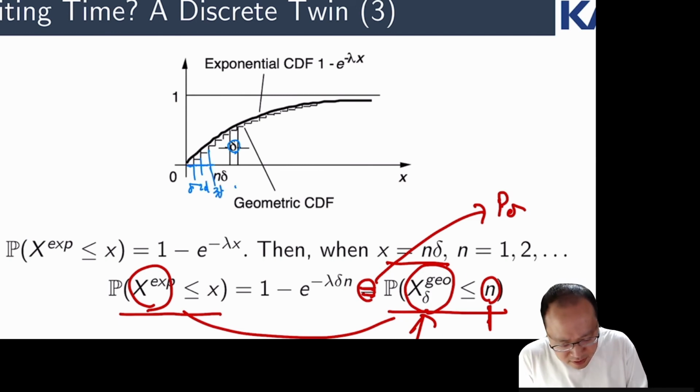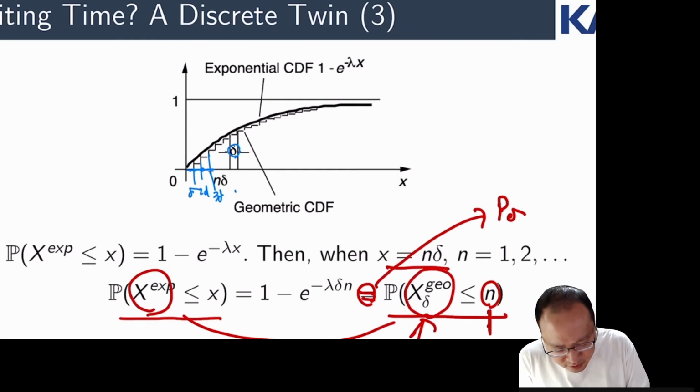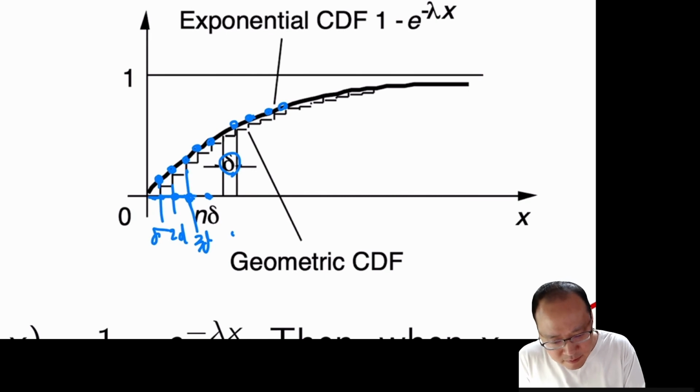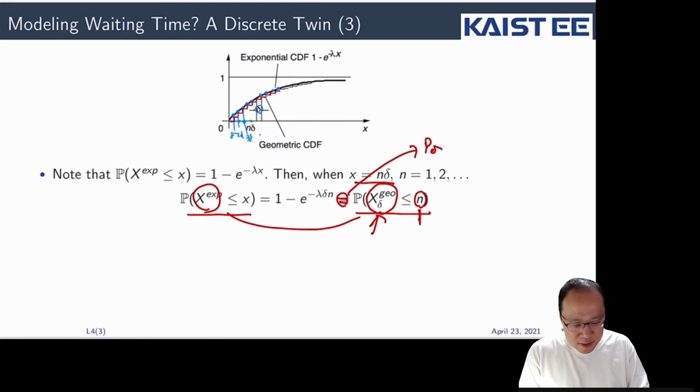Whenever x is delta, 2 delta, 3 delta, and 4 delta, the geometric random variable's value is equal to the exponential random variable's value. But we have a stepwise pattern for the geometric random variable, right? And that's what this equation means.